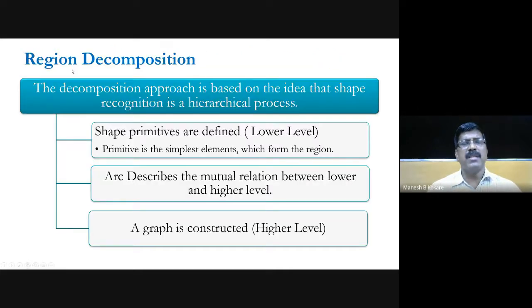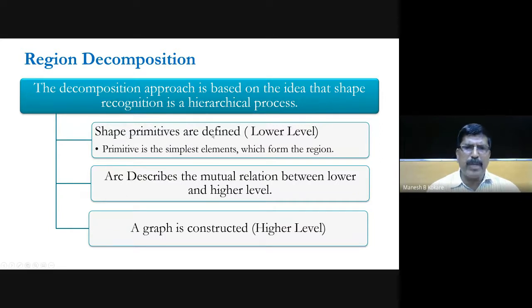The next topic is region decomposition, and from that also you can form the graph. The region decomposition approach is based on the idea that shape recognition is a hierarchical process, meaning we go from the main region to the subregions, and from that we can construct the graph.